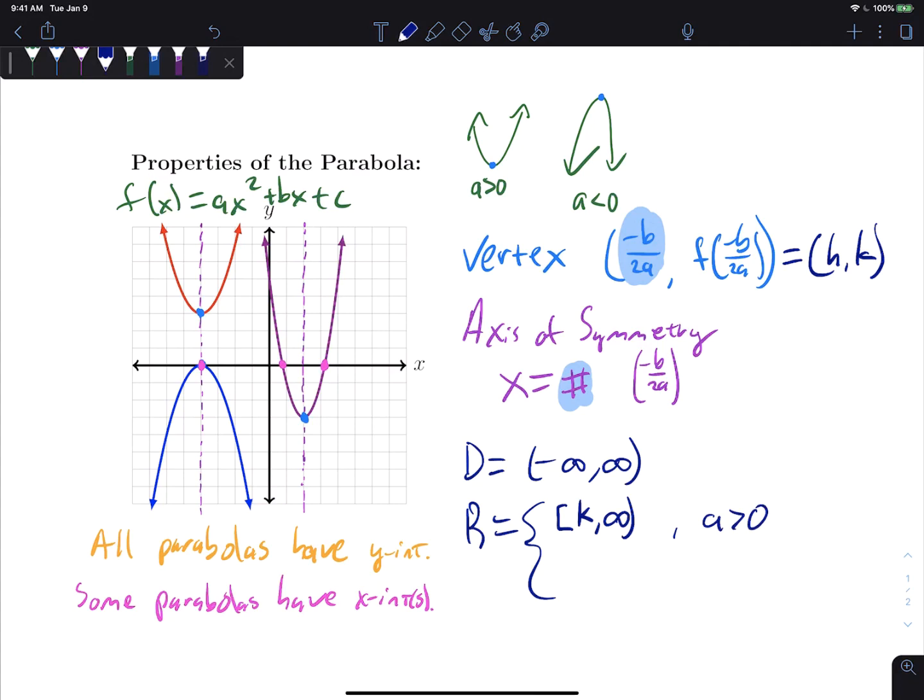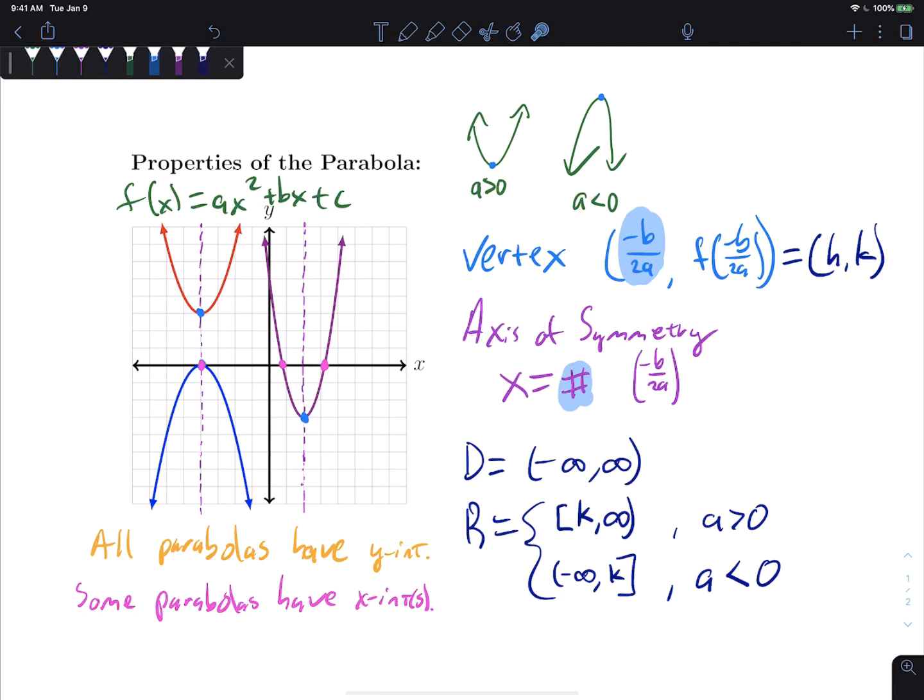In other words, the leading coefficient is positive. If the leading coefficient is negative, it's going to be the following. It starts at negative infinity and goes up to that y value, with a square bracket. And that happens when the leading coefficient is negative.